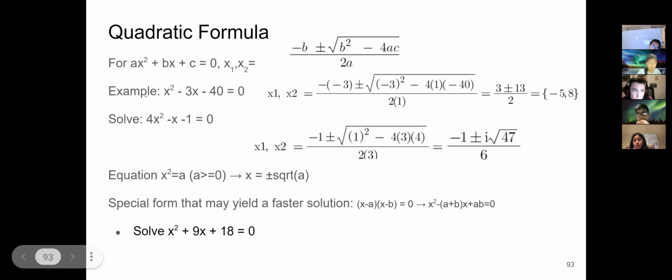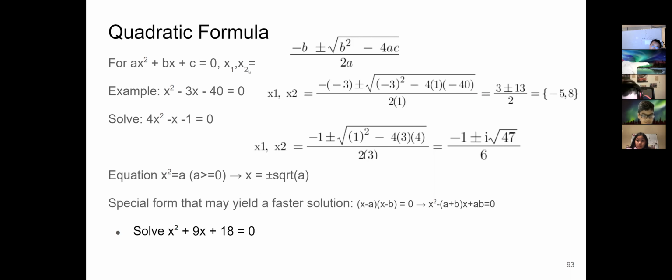But here it is. For any generic quadratic form, meaning the highest order of the variable is 2, ax squared plus bx plus c equals 0, there should in general be 2 roots.